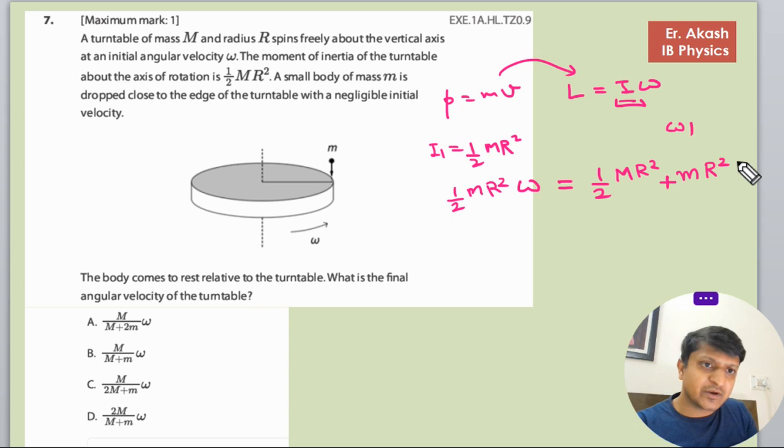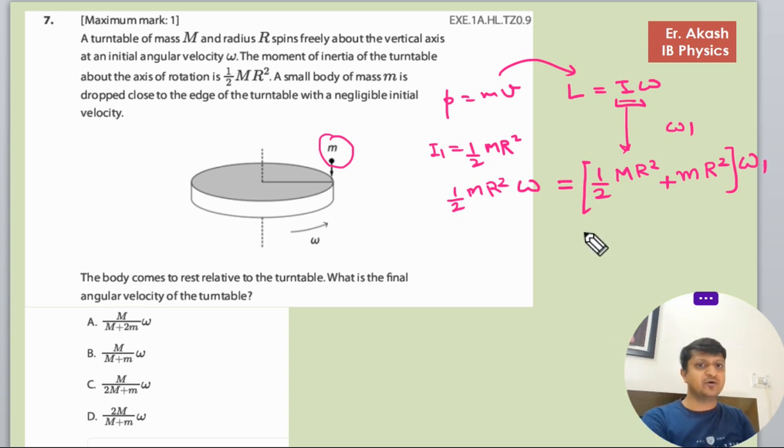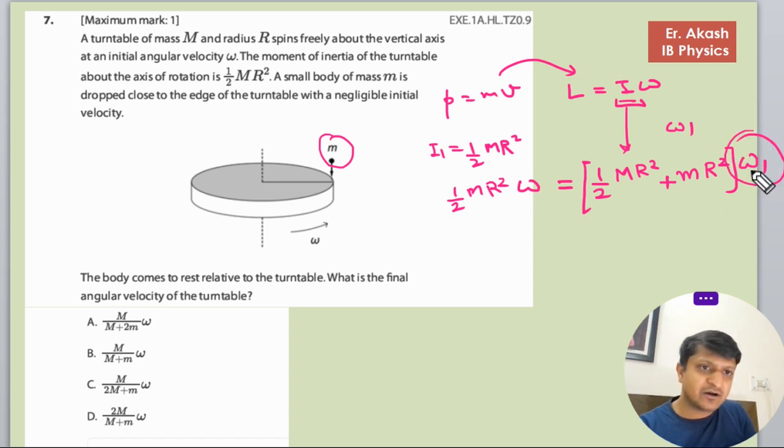So this is the new inertia after this mass has been placed on it. So now we will calculate this and find the omega 1 value.